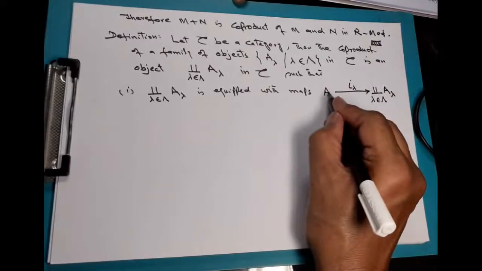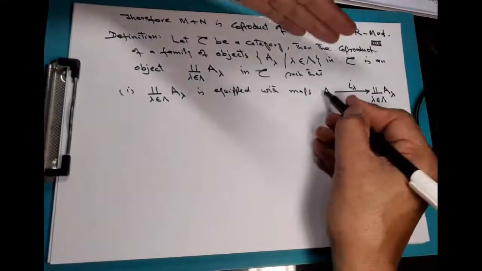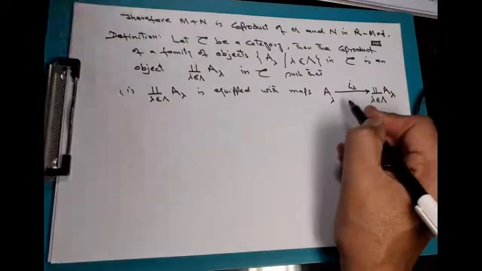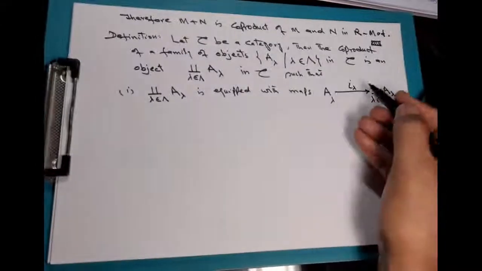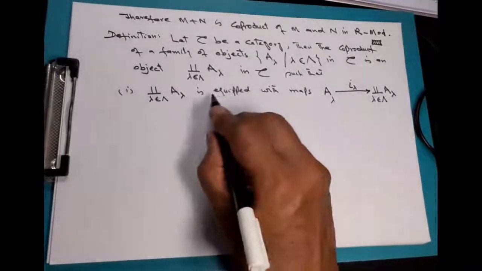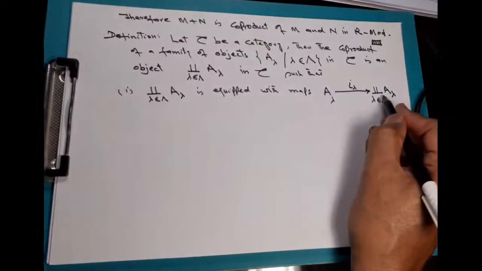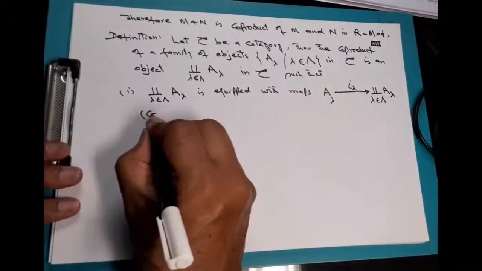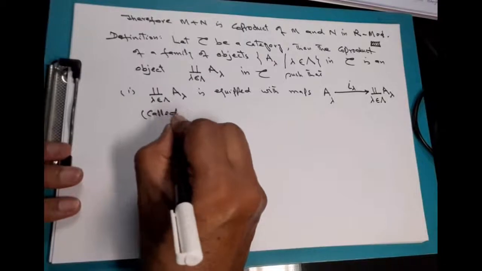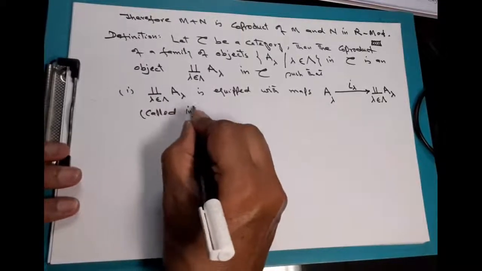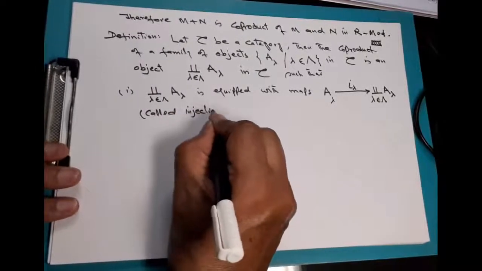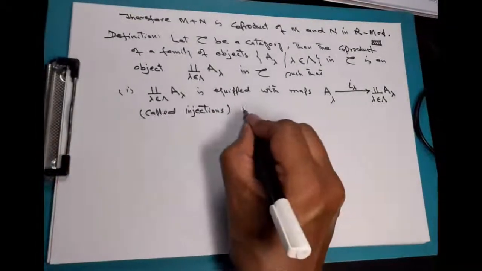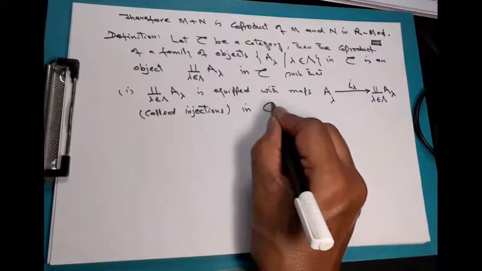If there is another object, then this will be indexed by that particular object. So it is equipped with maps. These are called injections. And these maps are in the category C.